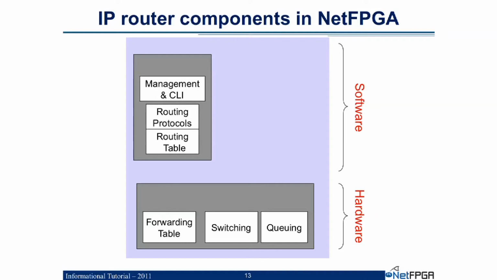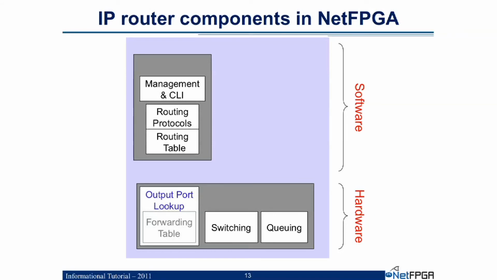I want to conclude by explaining how the basic router components map into the NetFPGA. This is intended as a very quick overview, not a detailed discussion of how designs are implemented in the NetFPGA. First, I'll cover the data path elements, which are all implemented on the NetFPGA board. I'll start with the forwarding table. The NetFPGA designs contain an element called the output port lookup module.